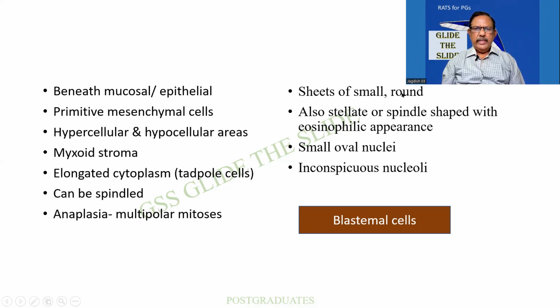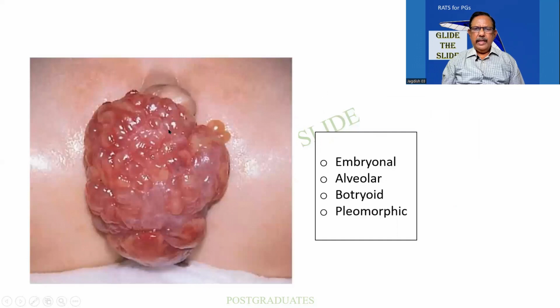But what we actually see will be sheets of small round cells. Sometimes they are stellate or spindle shaped. Small oval nuclei can be seen. Nucleoli in all the cells are inconspicuous. And these cells with poor differentiation are called blastemal cells.